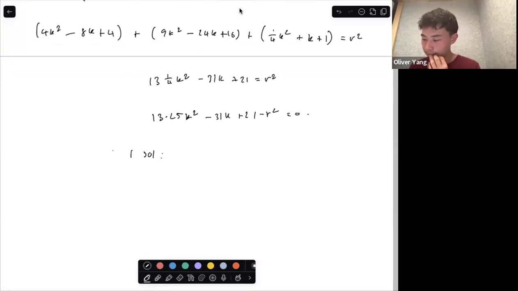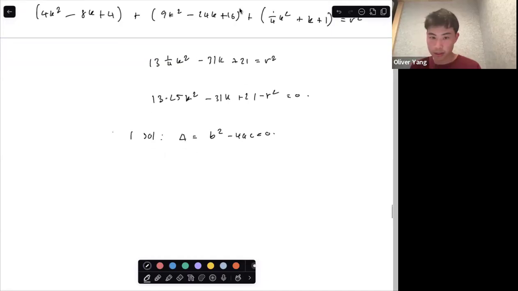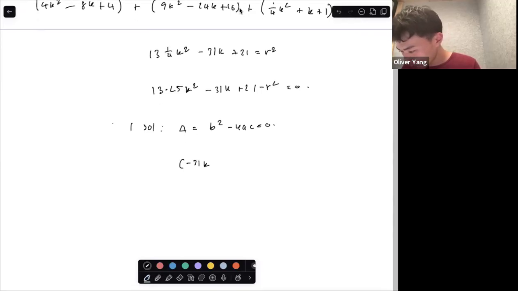So we can sub in everything: b squared is negative 31 squared, minus 4 times 13.25, times c which is 21 minus R squared, equals 0.